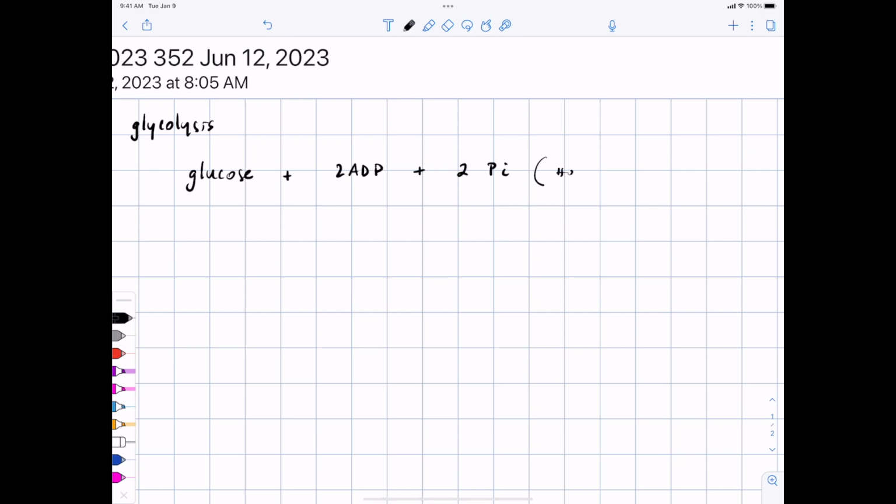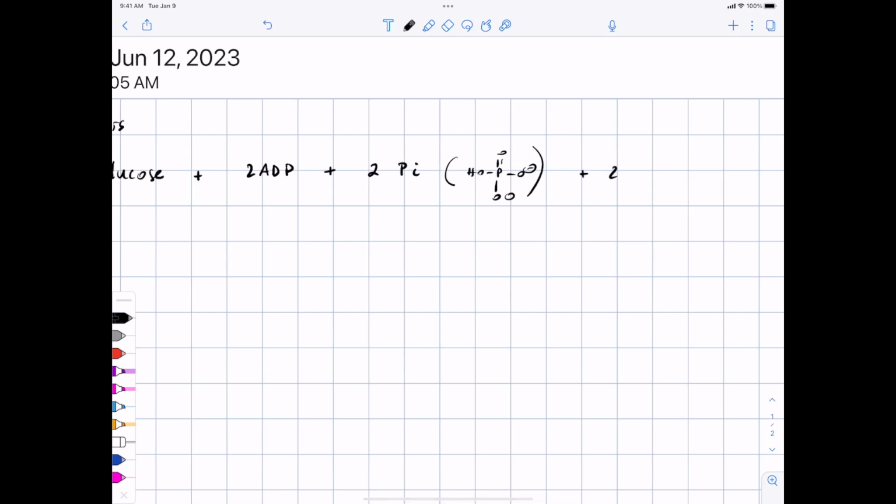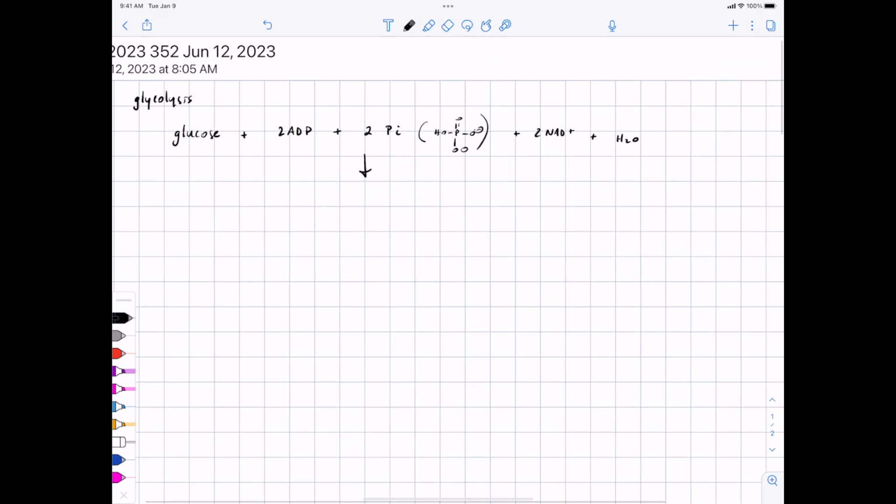Remember, that's just one of the conjugate bases of phosphoric acid. 2 molecules of NAD plus and water just for a proton to have somewhere to go. And in the end, after glycolysis, we're going to have 2 molecules of pyruvate.